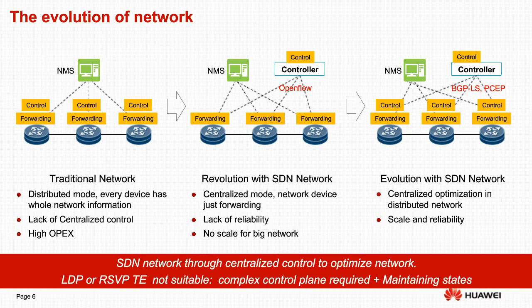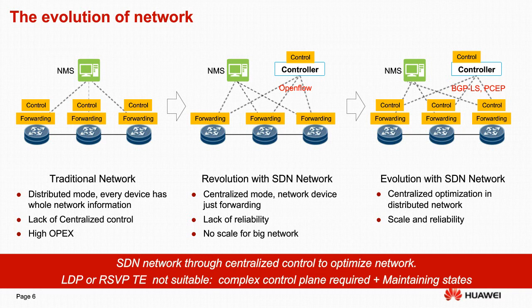When in the failure process, each node still handles it. It can have faster convergence. It can deploy the calculation, the TI-LFA, some FRR function. Not like the second picture.